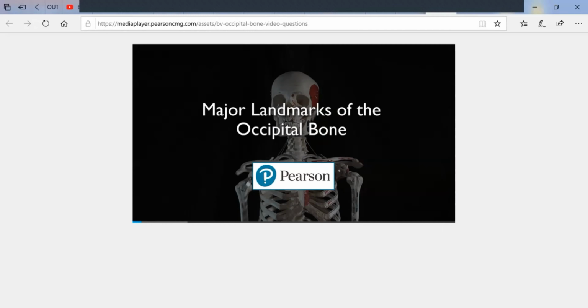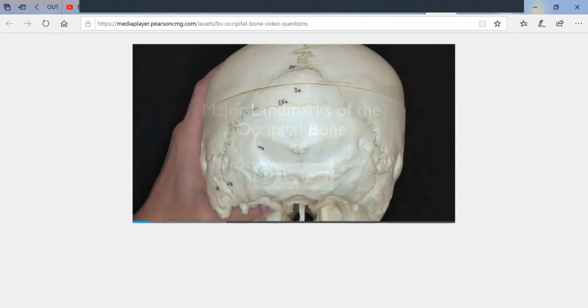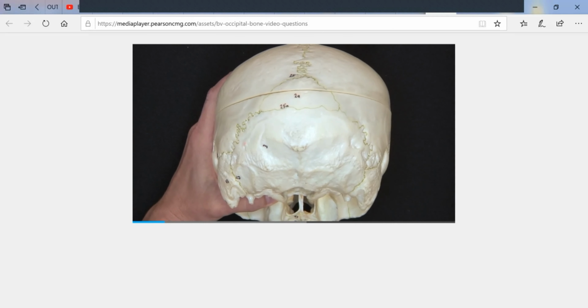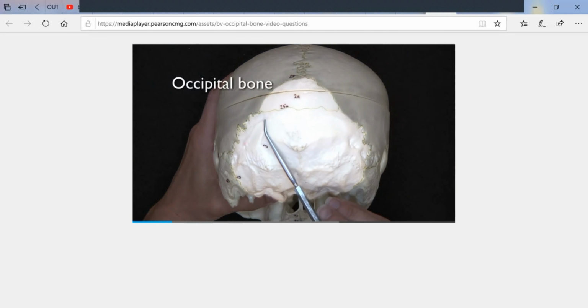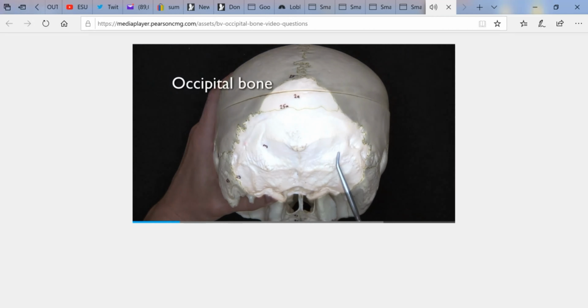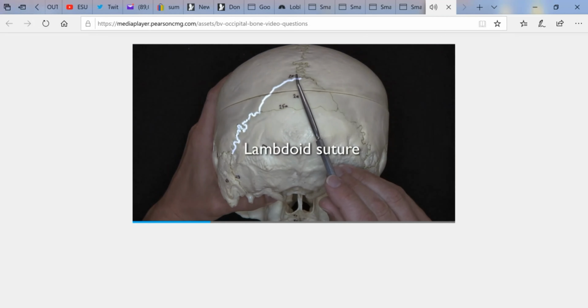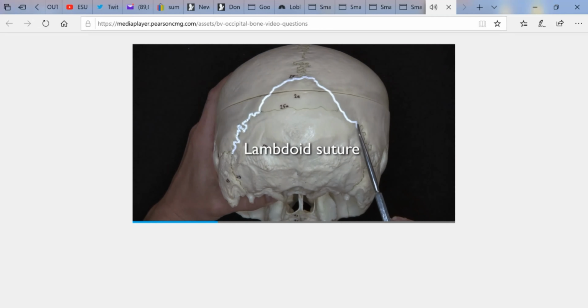Major landmarks of the occipital bone. Let's examine the major landmarks of the occipital bone. The occipital bone is a single bone that forms the back of the cranium. This is the lambdoid suture, named after the Greek letter lambda.